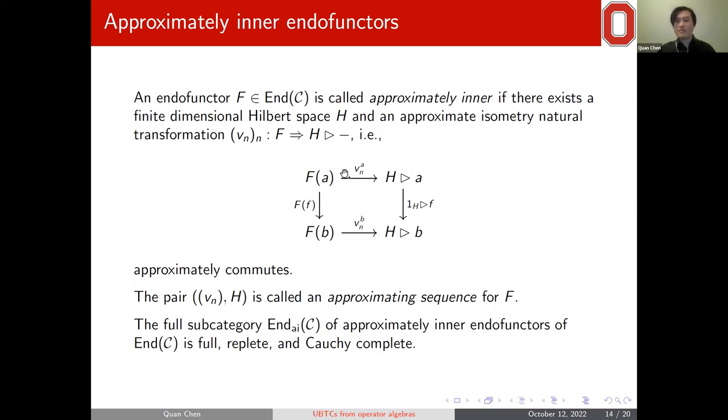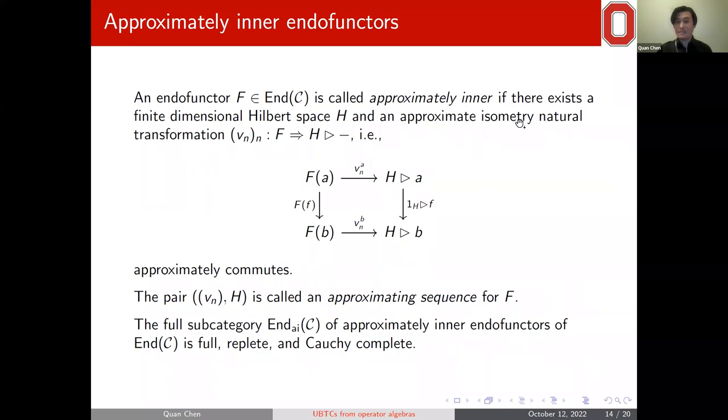And recall, how do we define the approximately centrally trivial endofunctor? That means this functor approximately commutes with the H action, right? And approximately inner means your functor is approximately dominated by the H action.